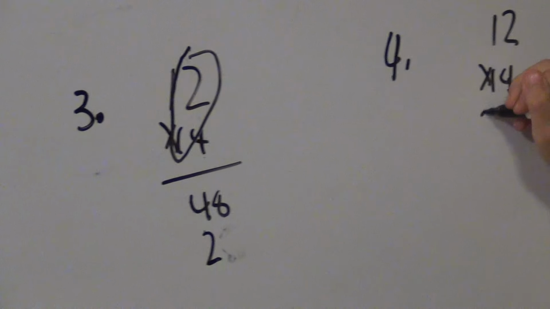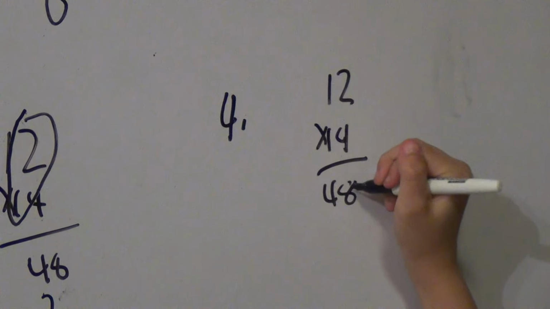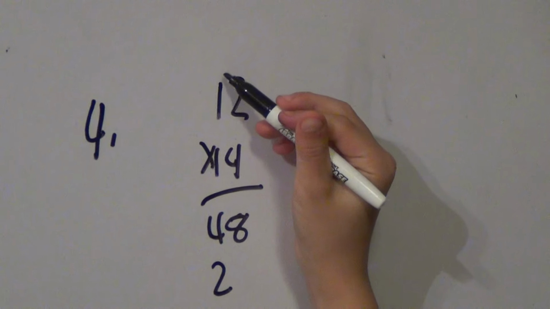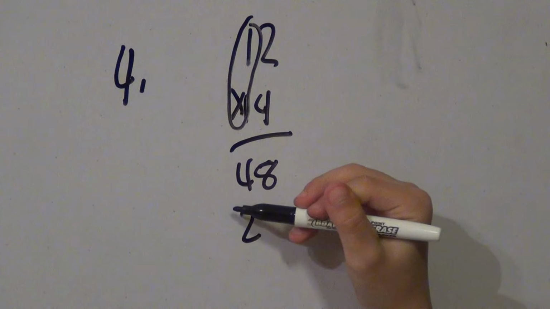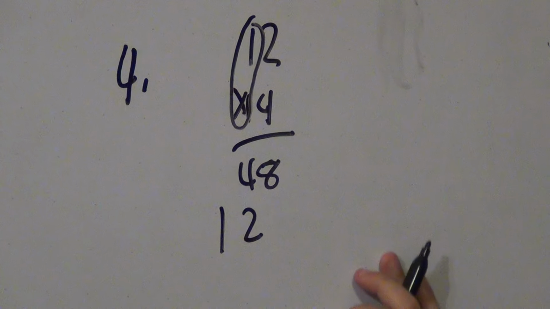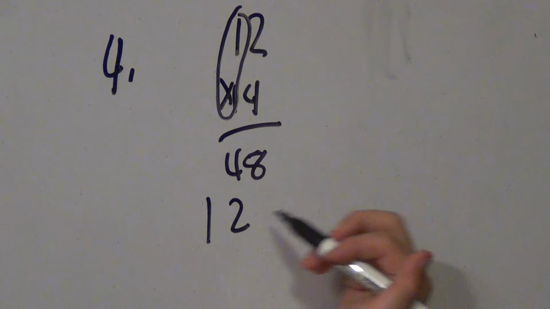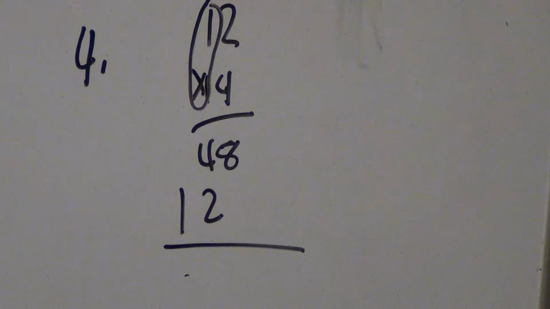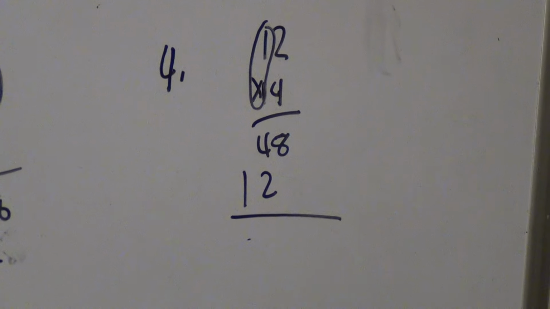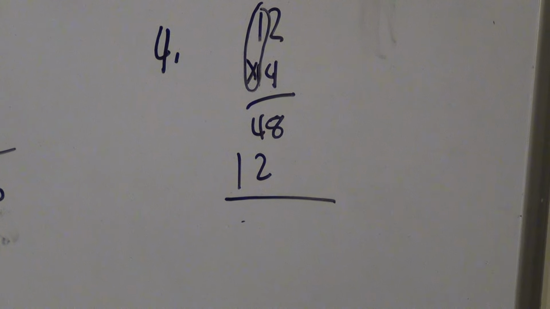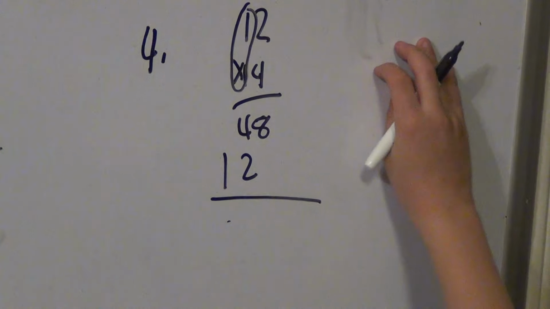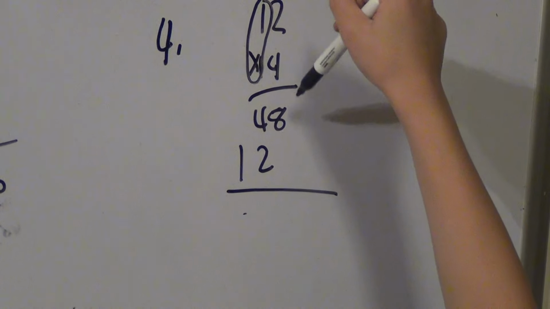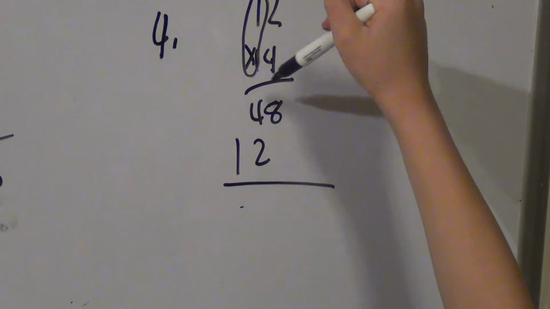You already have 48 and 2. Now we do this: 1 times 1, which equals 1. So it's like straight, then diagonal, then diagonal, and straight.